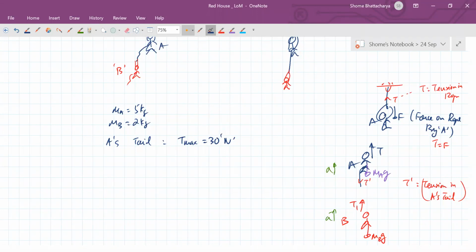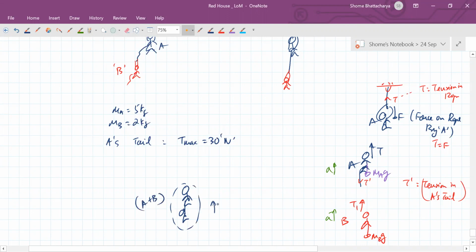which we can also understand by just making a combined free body diagram, that A plus B, if they are going up at a common acceleration A, is because the string above is applying a tension which is equal to the force that A was applying, and their combined weight is like this.